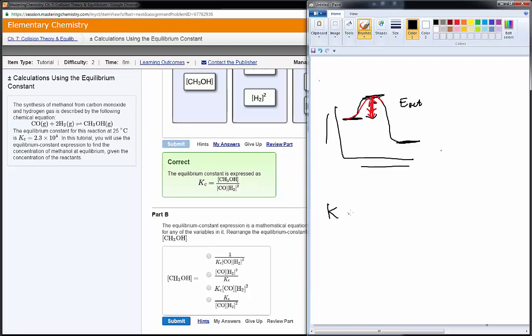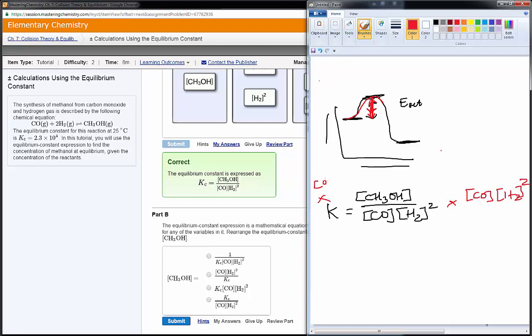So K is CH3OH divided by CO times H2 squared. Now if I do a little bit of algebra, what I'm going to do is multiply both sides by CO and H2 squared.